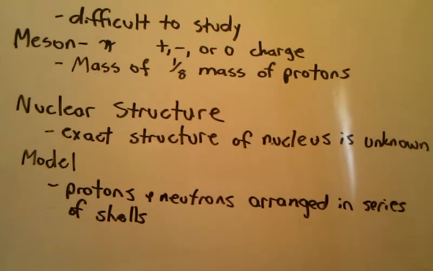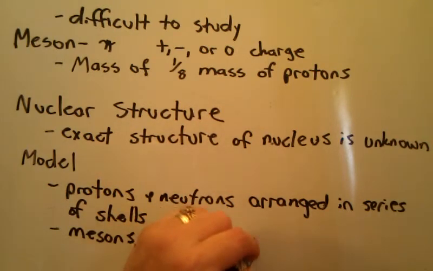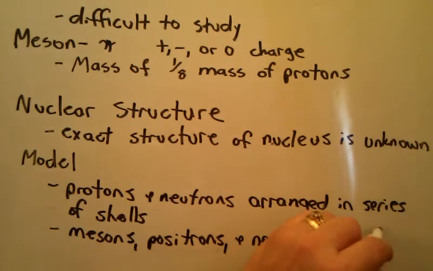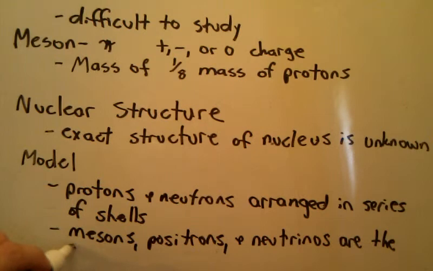The glue holding the nucleus together: it's saying that the mesons, positrons, and neutrinos are the glue that holds the nucleus together. It says gamma rays are emitted when a proton or neutron drops to a lower energy level.